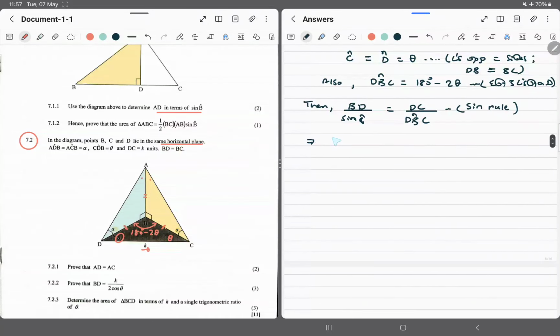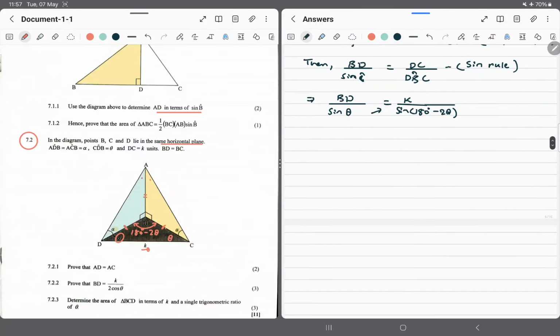So let's substitute. BD over sine theta, that angle is theta, is equal to DC, no, DC is K, over sine of 180 degrees minus 2 theta. Okay.